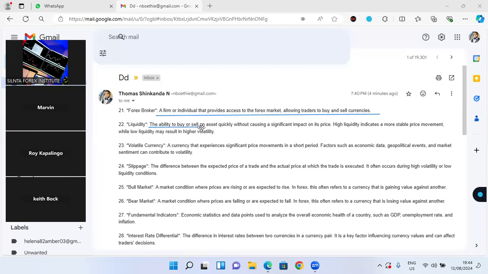And then we move to number 21, liquidity. Liquidity is the ability to buy or sell an asset quickly without a significant impact on its price. High liquidity indicates more stable price movement, while low liquidity may result in high volatility. What do we mean by that? Let's assume you want to sell your cell phone, the current cell phone that you have.